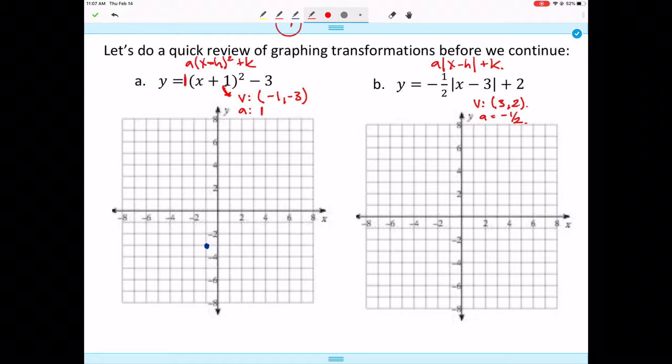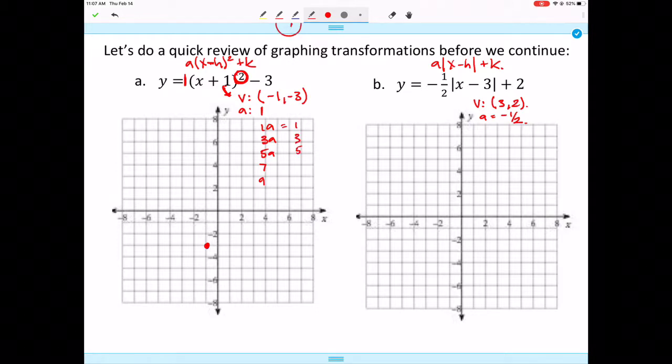All right, so now we should be able to graph both of these. So first we'll do a vertex, -1, -3. We already have it there pointed. And then a, since it is a quadratic, we have something squared, we will do our growth pattern. 1a, 3a, 5a, and if you needed to keep going, it would just be all odd numbers. Okay, so here a is 1, so we'd get 1, 3, 5.